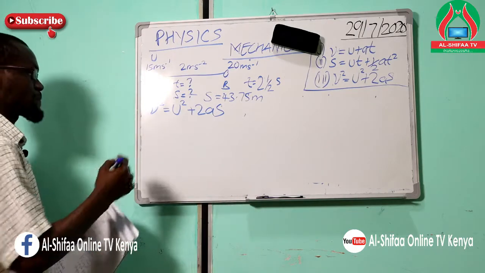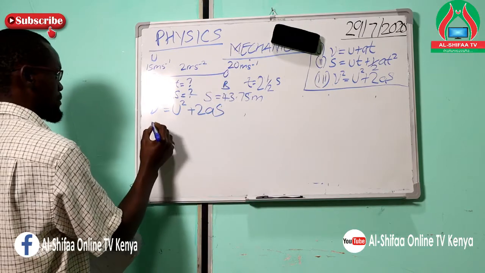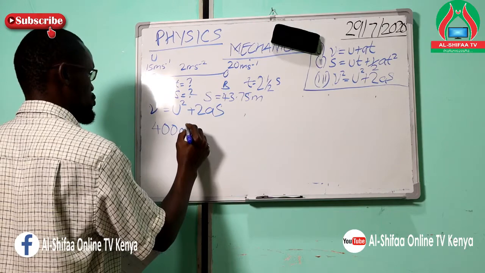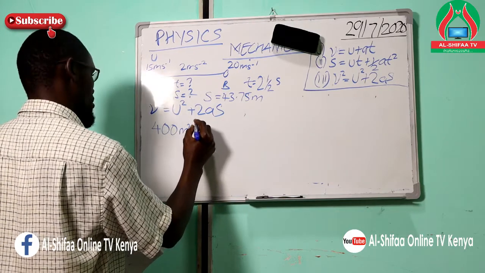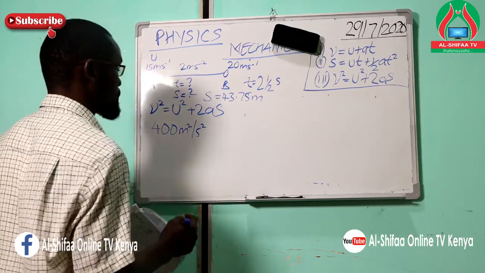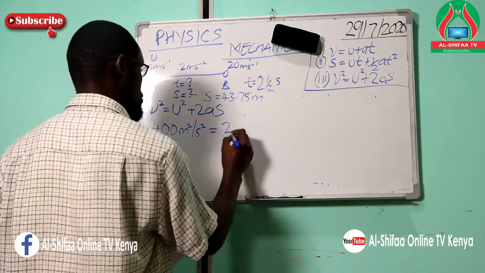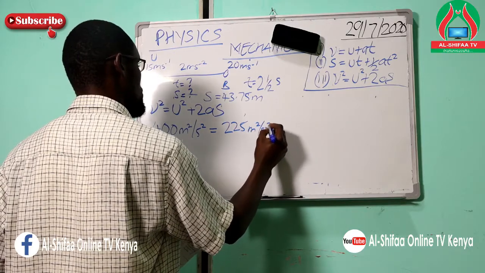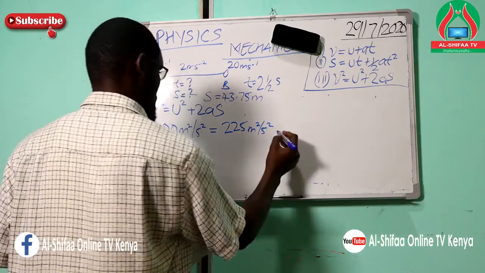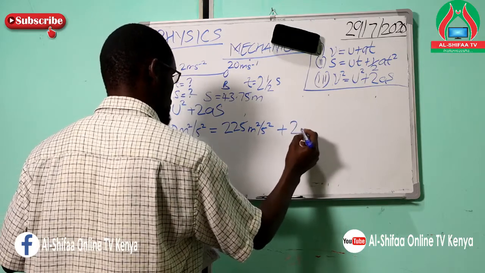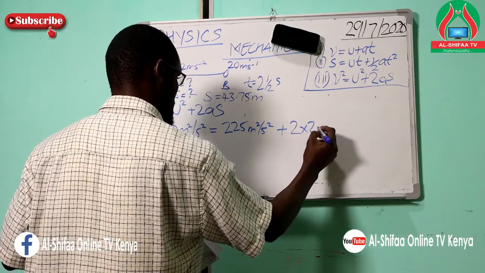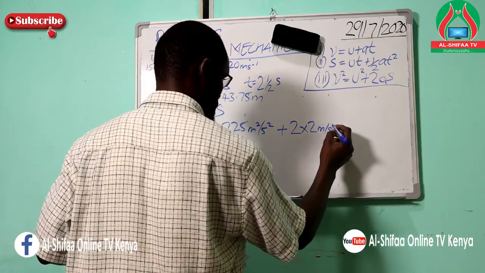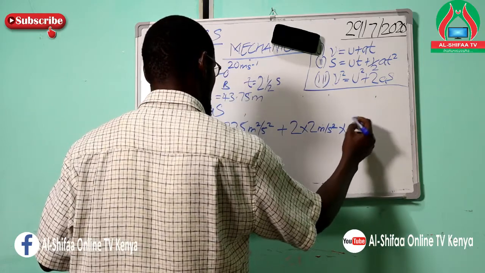So 20 squared will be 400 meter squared per second squared is equal to 225 meter squared per second squared plus 2 times acceleration, it will be 2 times 2 meter per second squared, times S, which we don't know.